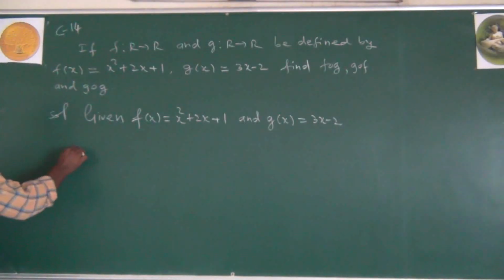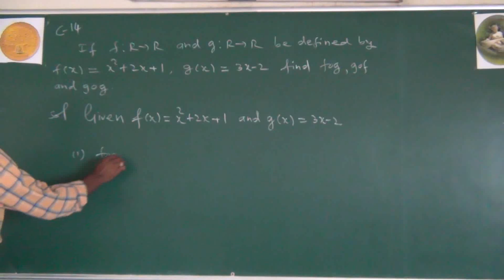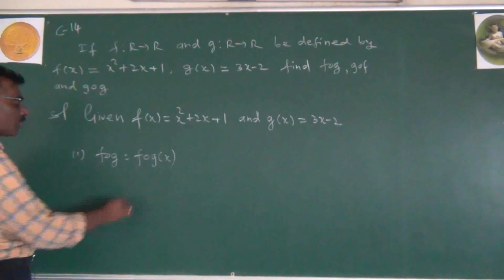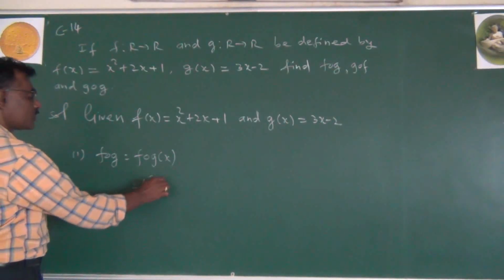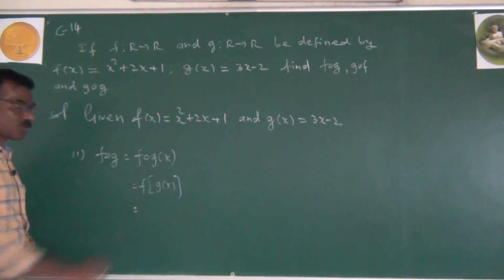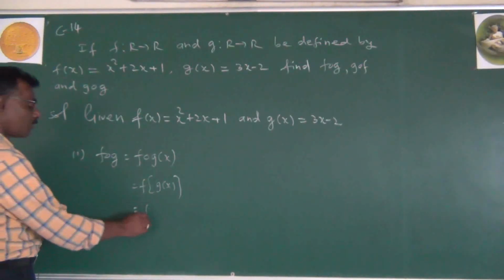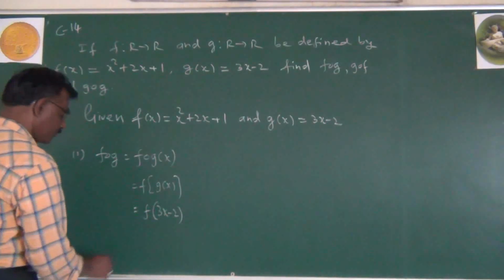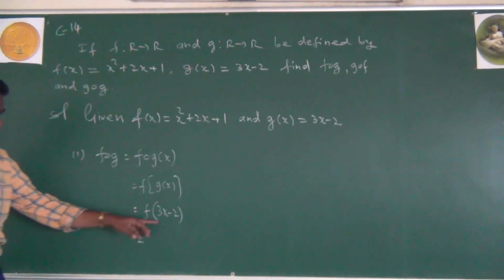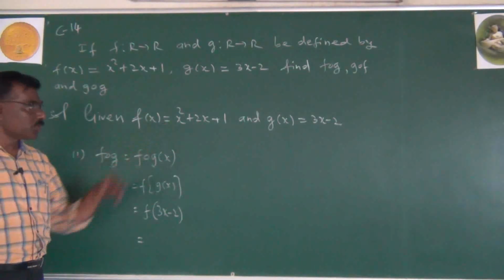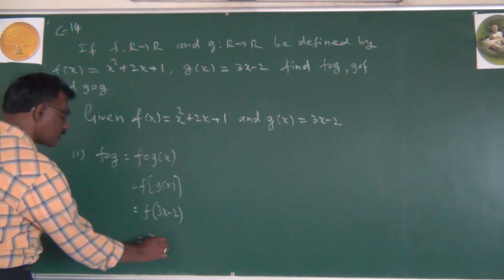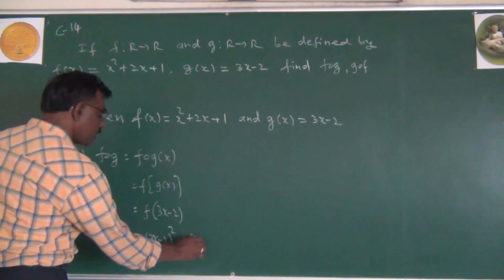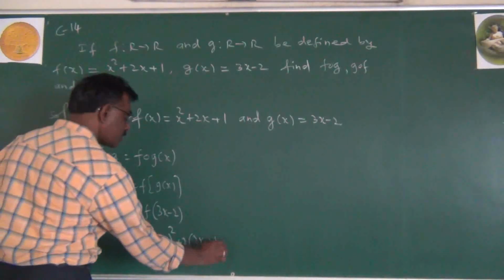The first question, f composition g, is the same as f composition g of x, f of g of x, where g of x is 3x minus 2. Now wherever x is there, substituting 3x minus 2: (3x minus 2) whole square, plus 2 into (3x minus 2), plus 1.